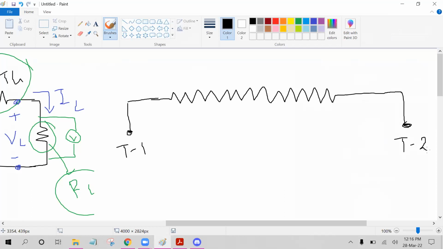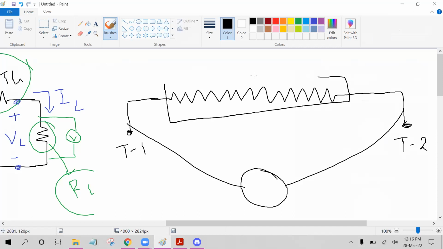Now, if we try to measure the resistance between these 2 terminals, what should we get? We should get the whole resistance value here, right? Which is the maximum resistance of a potentiometer. So in real life, on top of each potentiometer, a rating is labeled.